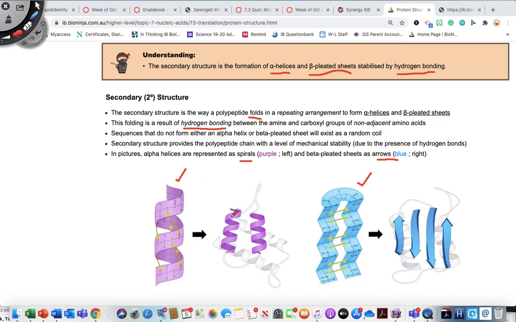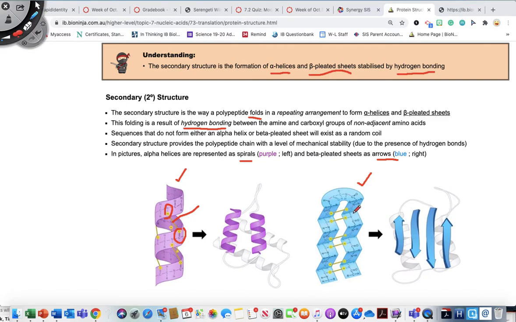So here you see the hydrogen bond right here between the amine group of one amino acid and the carboxyl group of the other amino acid. So here's the amine group and here's the carboxyl group. So depending on where these hydrogen bonds form, then you're either going to get your alpha helix or your beta pleated sheet.